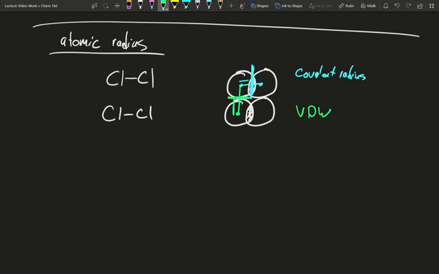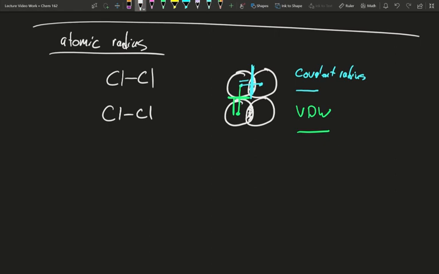There's a radius here. What we'll find is that the van der Waals will be one length and the covalent will be shorter. Which makes sense. The covalent is about overlapping your orbitals, where the van der Waals is just, why do they not get closer? Well, that's where the edge of the electrons bump into each other.